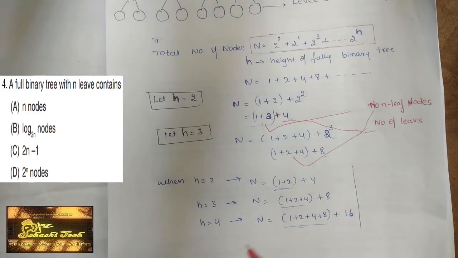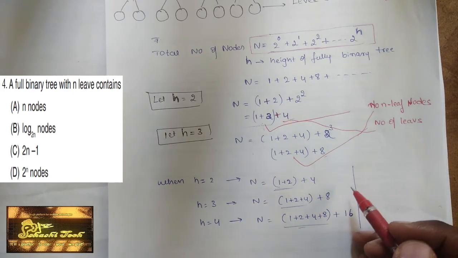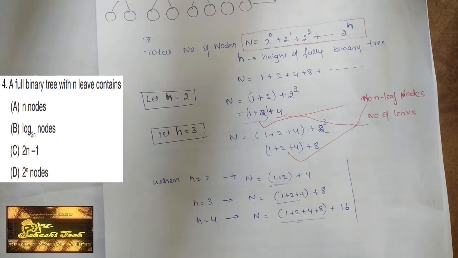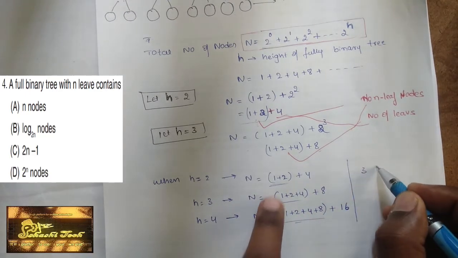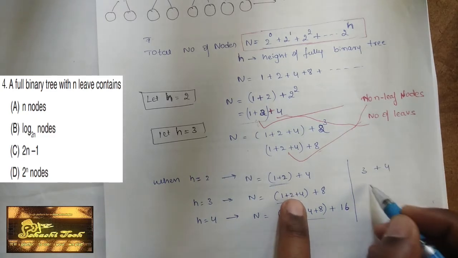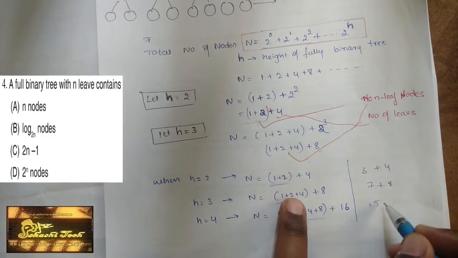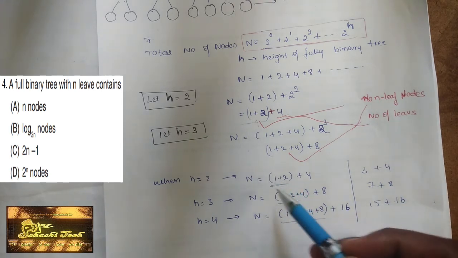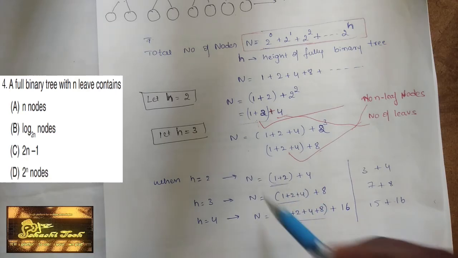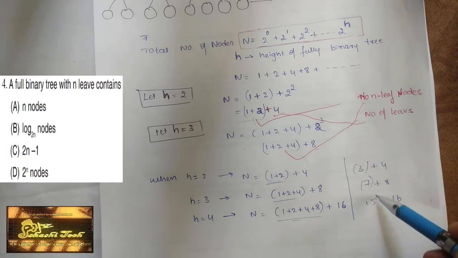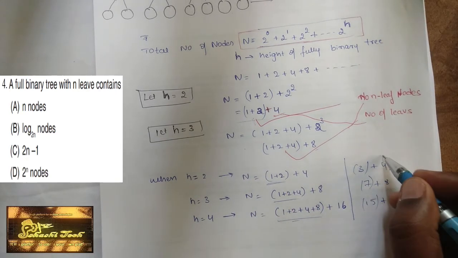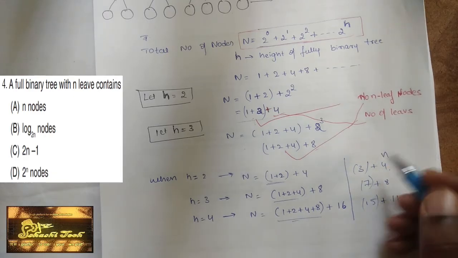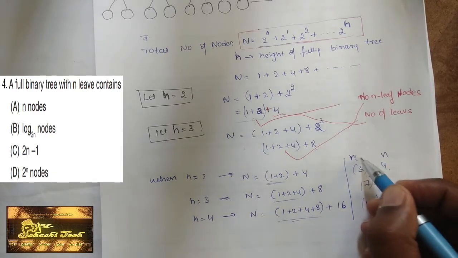Similarly, we can calculate like this. If h is equal to 2, we get this equation. If h is equal to 3, we get this equation. We can observe here 1 plus 2, 3 plus 4, 7 plus 8, 15 plus 16. The number within the bracket is always one less than the other number. If we consider this as n, we need to consider this as n minus 1.